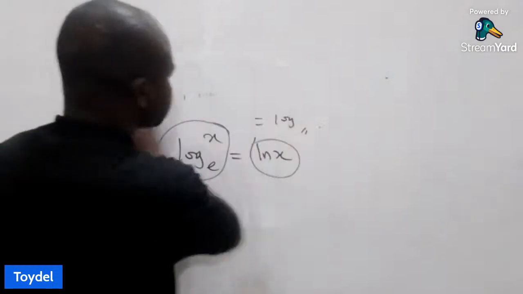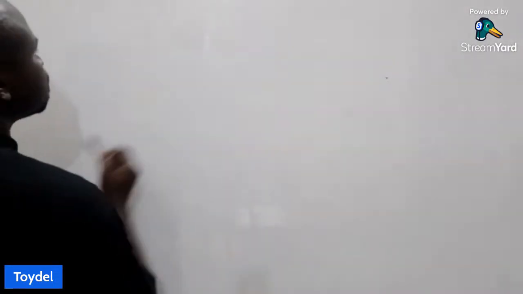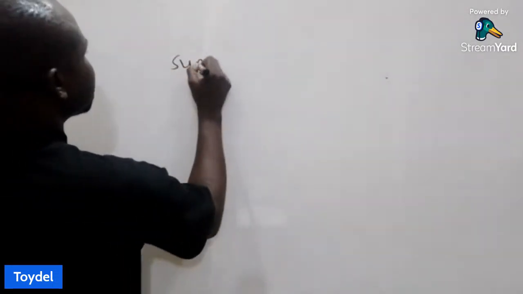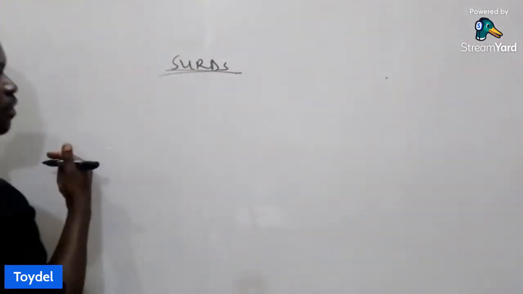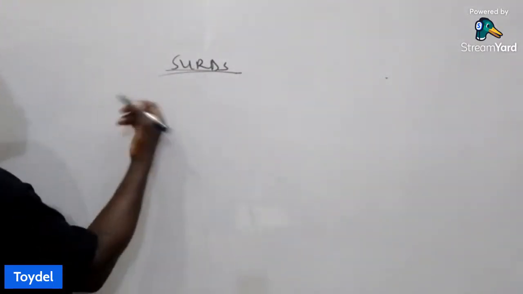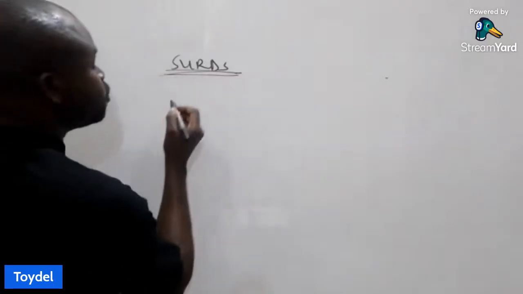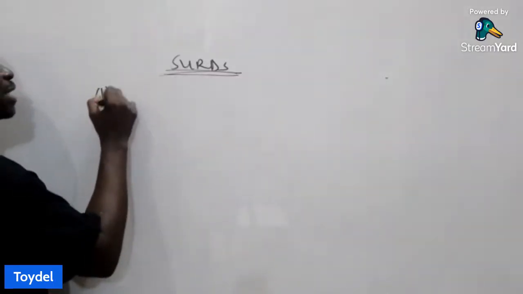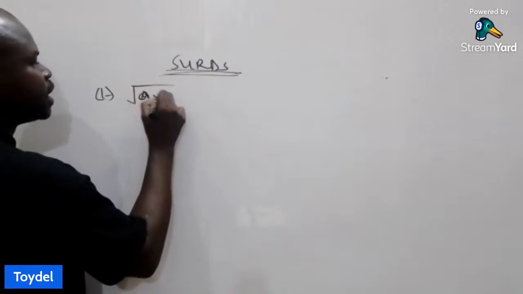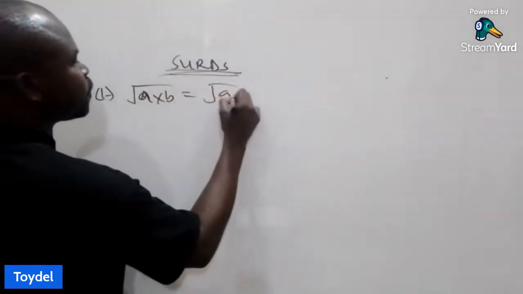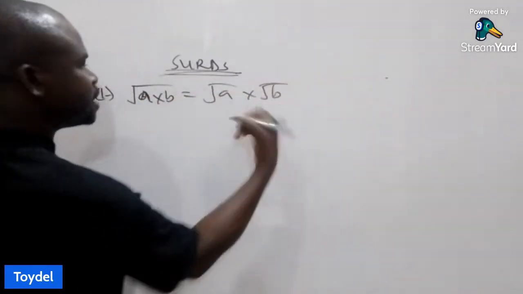Then we also talk about surds, irrational numbers. We have the concept of surd because of irrational numbers. There are some laws that guide surds. For instance, the square root of a times b is the same thing as the square root of a times the square root of b, so we can split it.